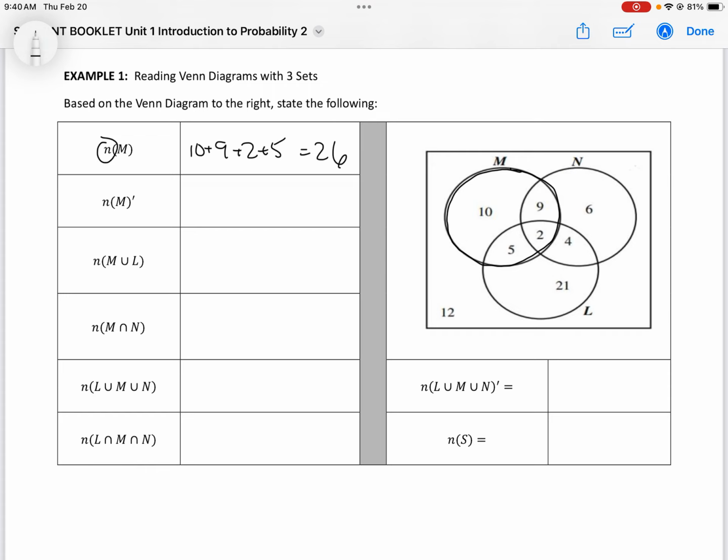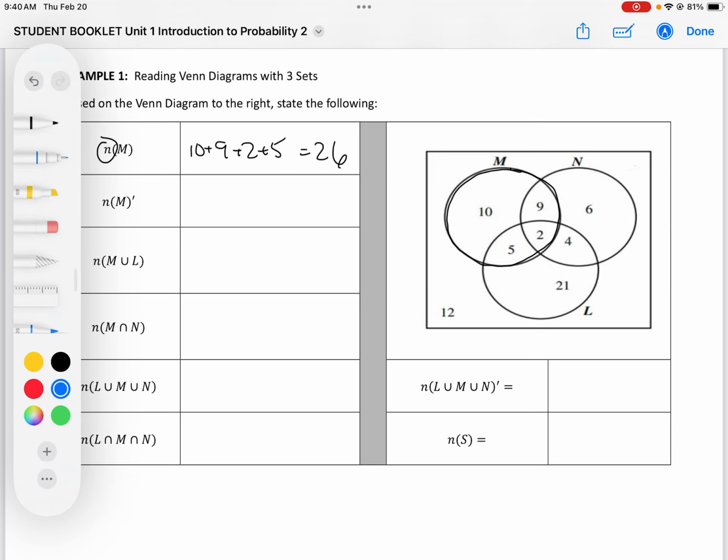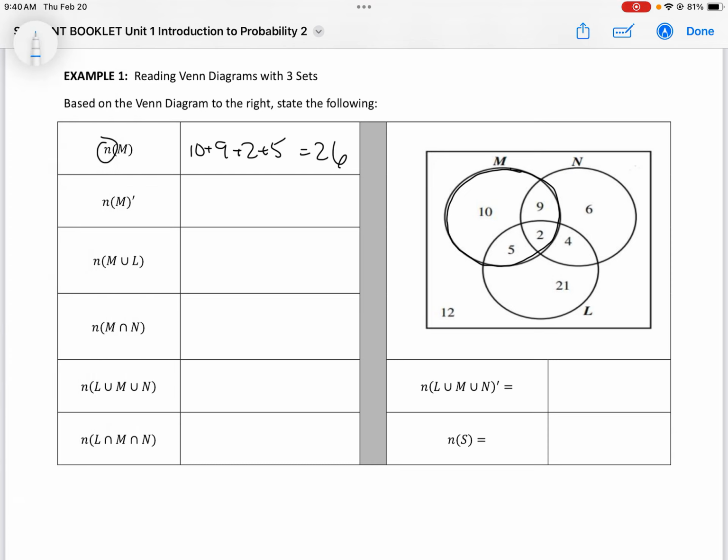Now, what is the number of elements not in M? We can add all of the numbers that are not in that M circle. So we can add 6, 4, 21, and 12, and I get 43. What about M or L?